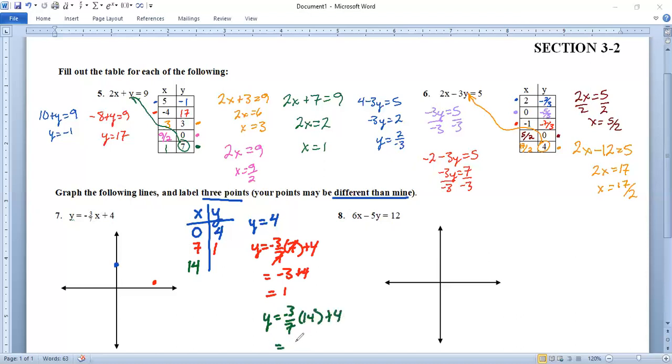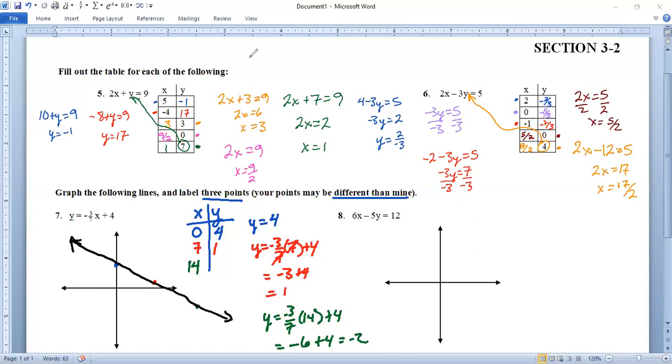That gives us -6, I think, plus 4 is a -2. And so 14 out here and down at about a -2, something like that. And so the line looks like that. Not too bad, a little squiggly, but not bad at all.